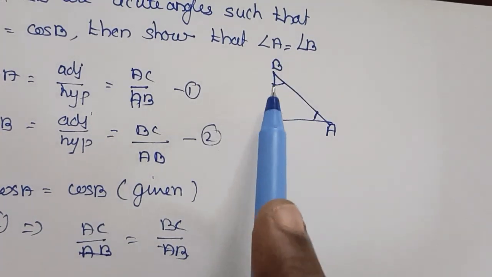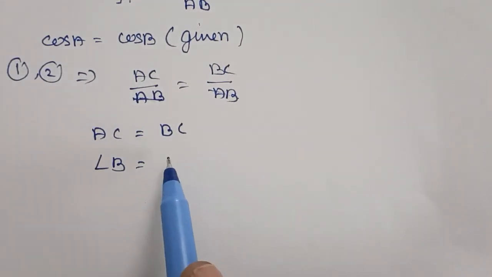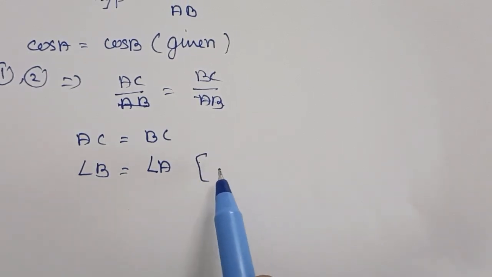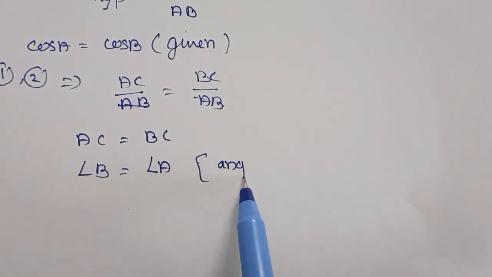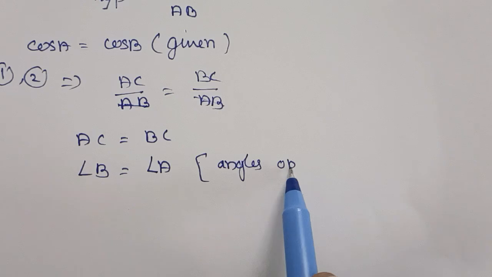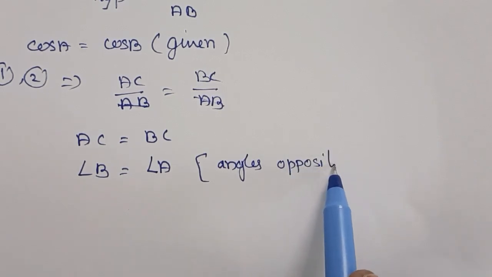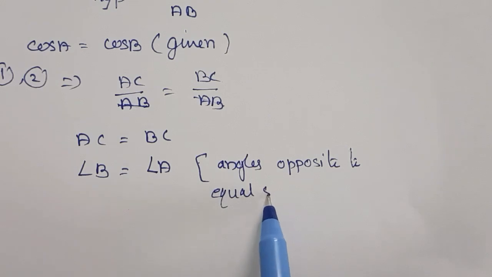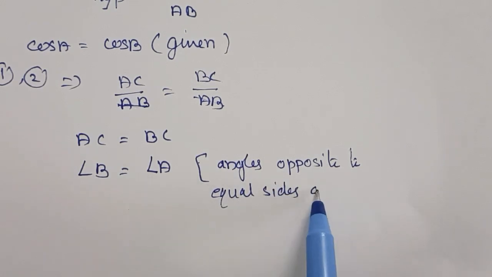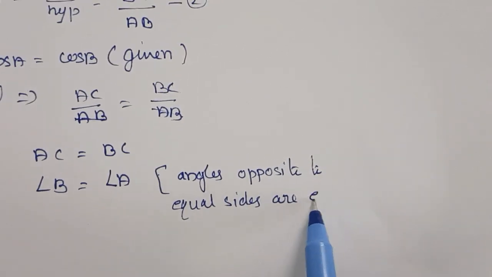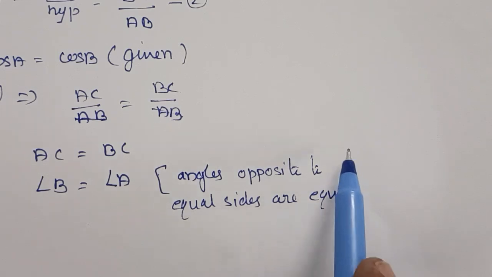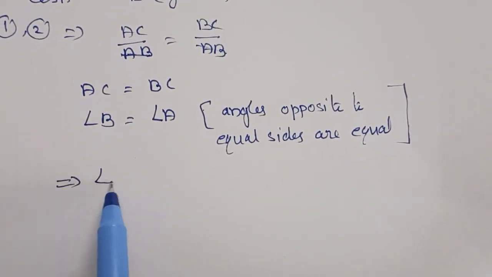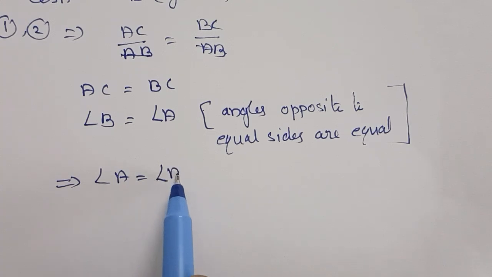Angle opposite to BC is angle A. That is angle B equals angle A. Reason: angles opposite to equal sides are equal. Therefore, we get angle B equals angle A, or we can say that angle A equals angle B, that we have to prove.